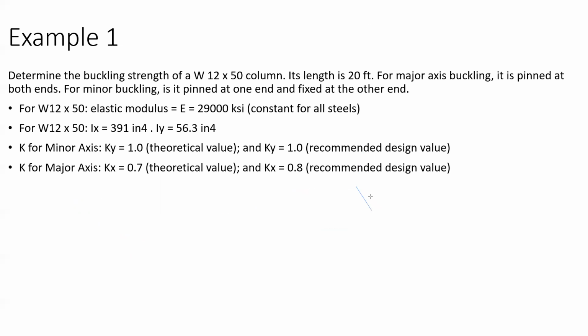So, pag ganyan yung beam, ganito ang I-beam natin. Your major axis would now be this way. Okay. So let's try this. Determine the buckling strength of a W12 by 50 column.